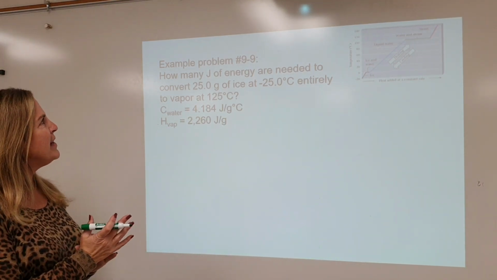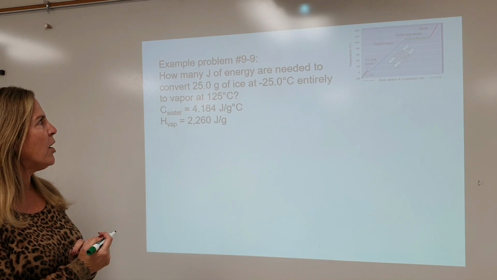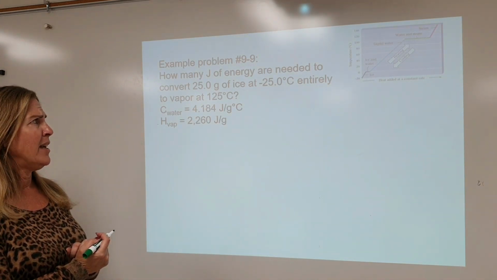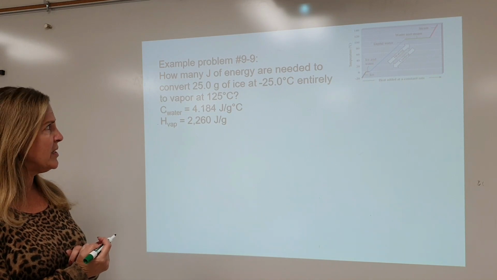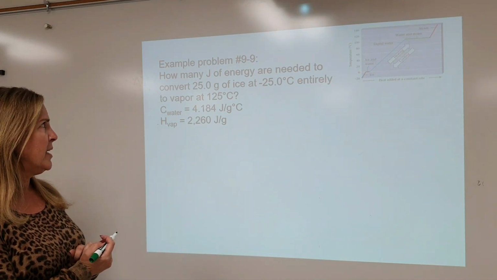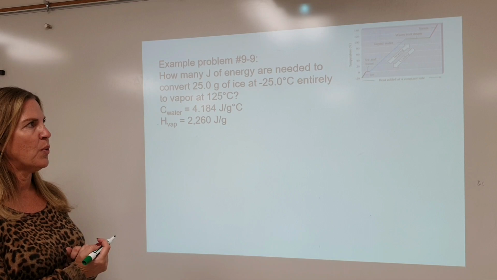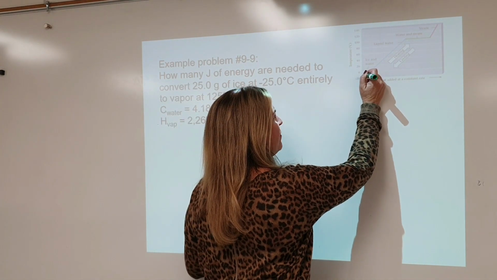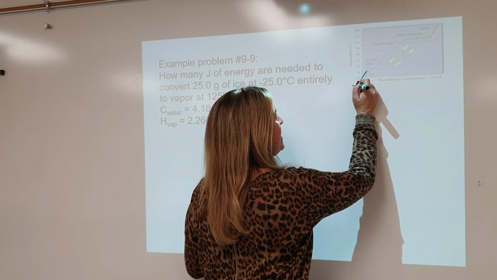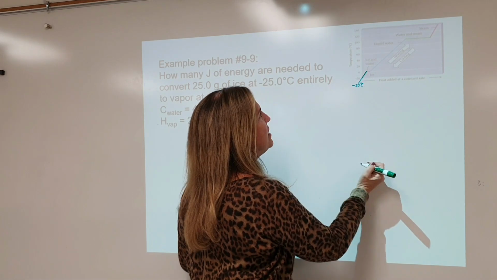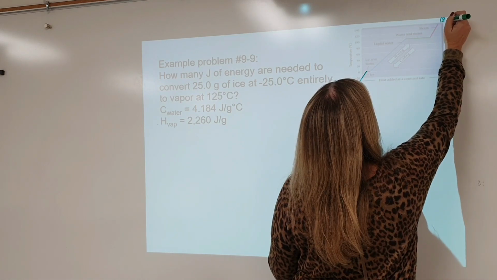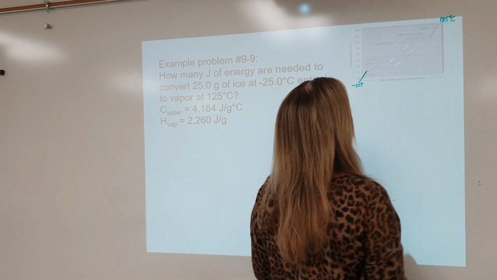So example problem 9-9, how many joules of energy are needed to convert 25 grams of ice at minus 25 degrees Celsius entirely to vapor at 125? So ladies and gentlemen, we're not even on this graph. We're here, minus 25 degrees Celsius, all the way up here to 125 degrees Celsius.